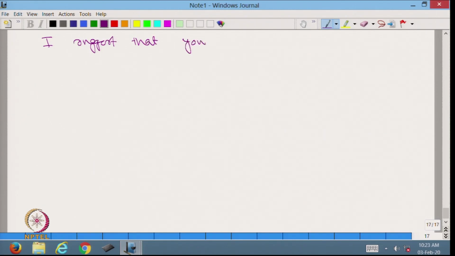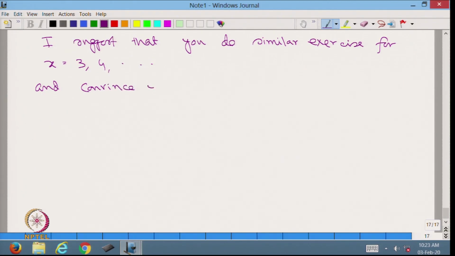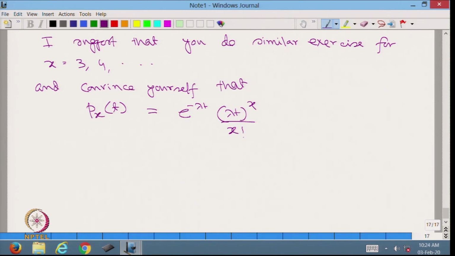I suggest that you do a similar exercise for x equal to 3, 4, etc., and convince yourself that the probability of x many arrivals in time t is equal to e to the power minus lambda t (lambda t) to the power x upon factorial x.